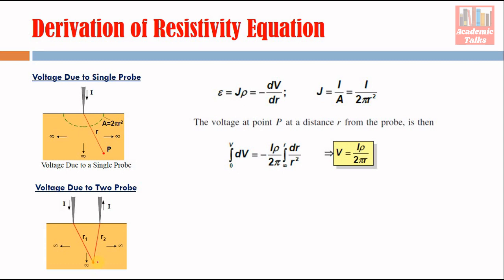Now at the same point P, suppose this is point P, we have to find the net potential because of the two probes. Here we calculated the potential because of a single probe. Now we are considering the case when there are two probes. The distance of this point from the first probe is r1, and the distance of the same point from the second probe is r2, right?